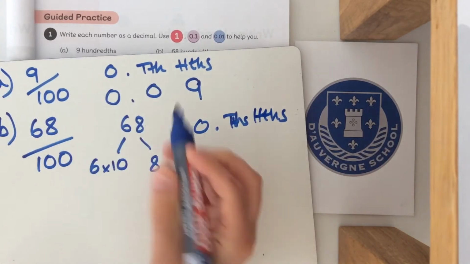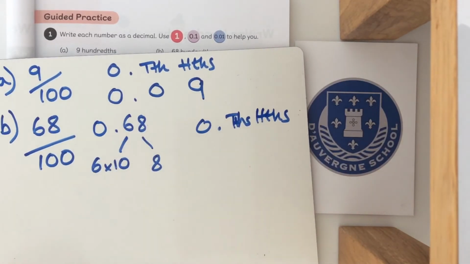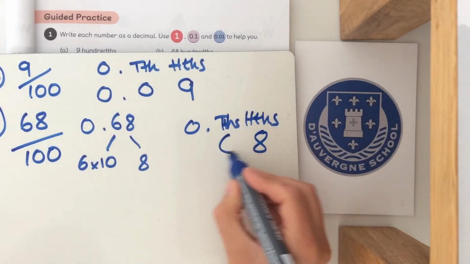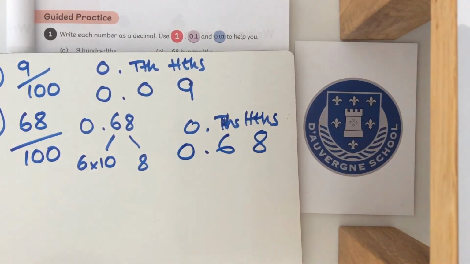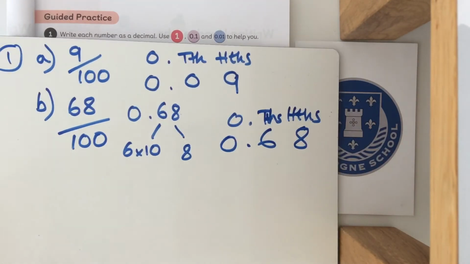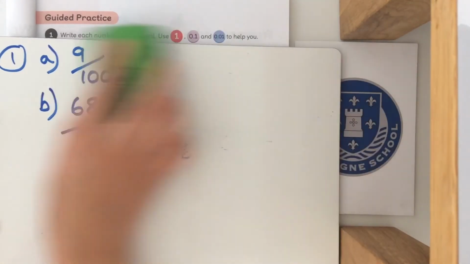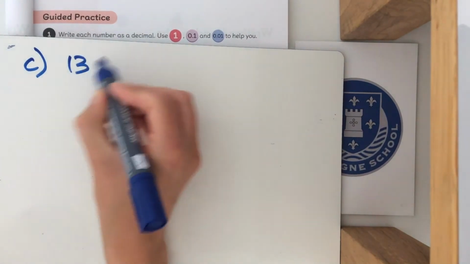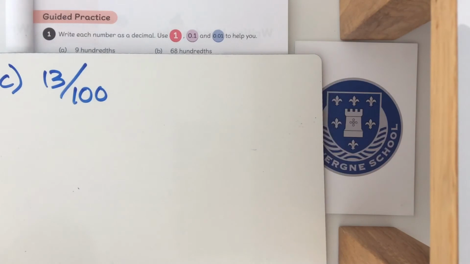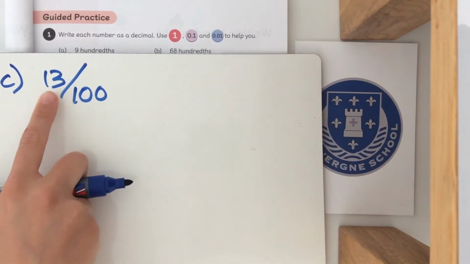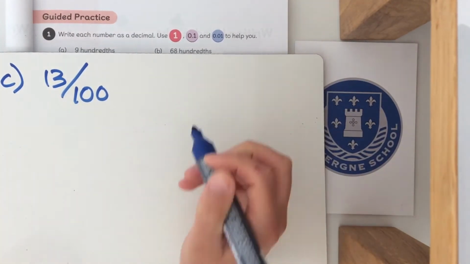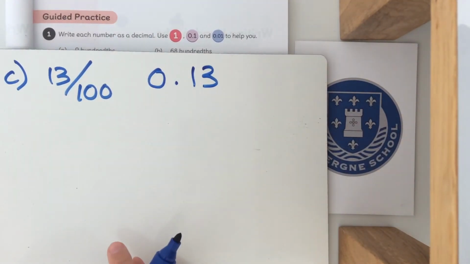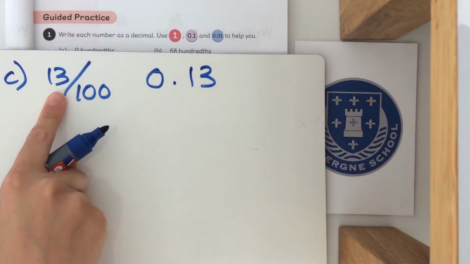I've got my 8 goes in my hundredths, in my tenths I've got 6, and then no wholes, so we've got 0.68. For C, we've got 13 hundredths, okay, which means we've got 1 tenth and 3 hundredths, so it would be 0.13. 1 tenth, 3 hundredths.